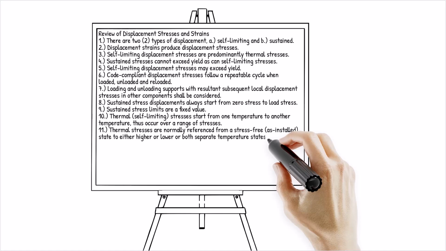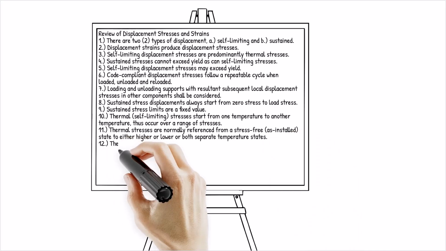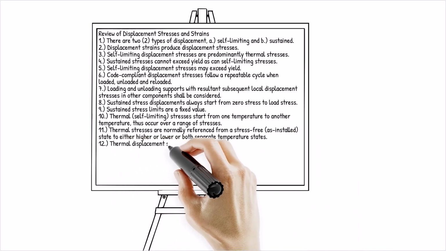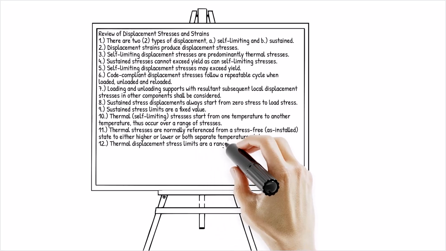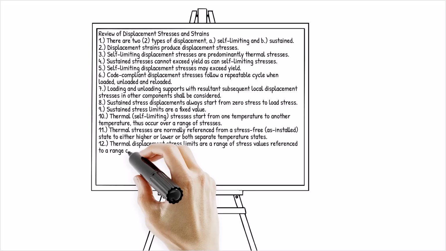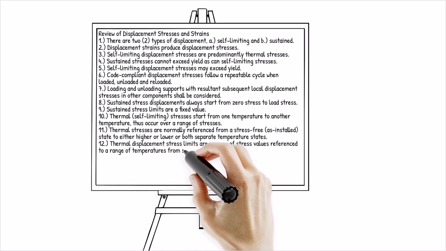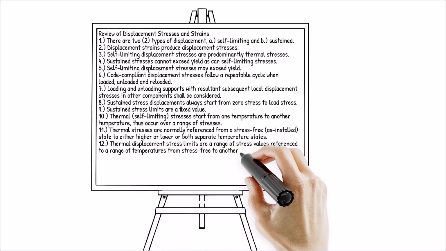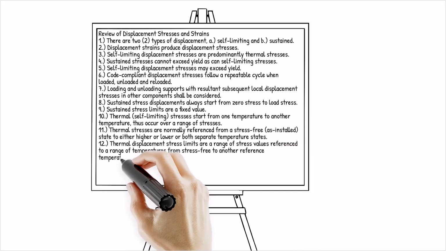The reference temperature we speak of is normally the as installed state or temperature when it was being constructed. Thus, since the thermal displacement stresses and strains occur for a given design over a range, then B31.3 stress limits that cover that are a range as well.